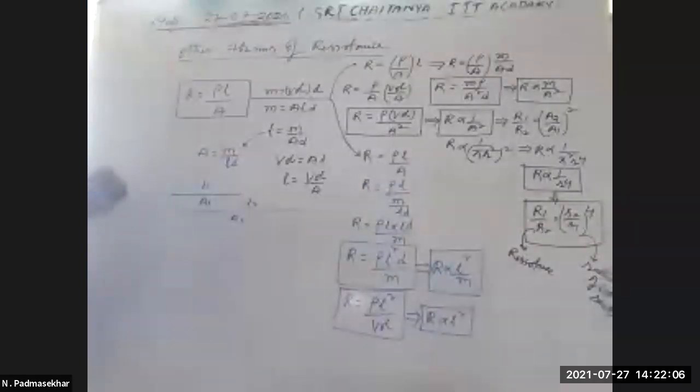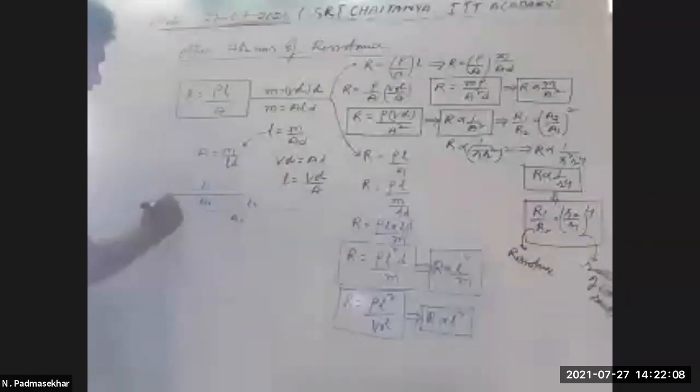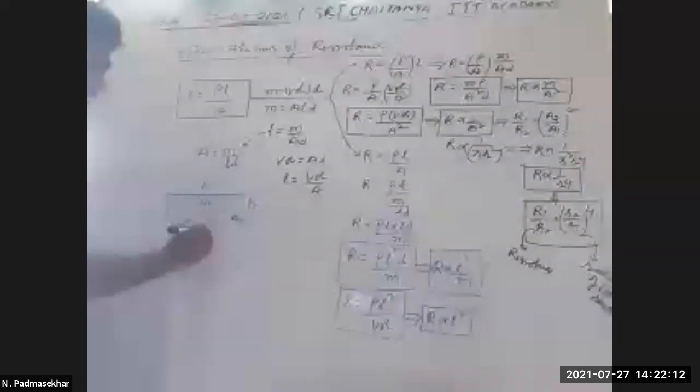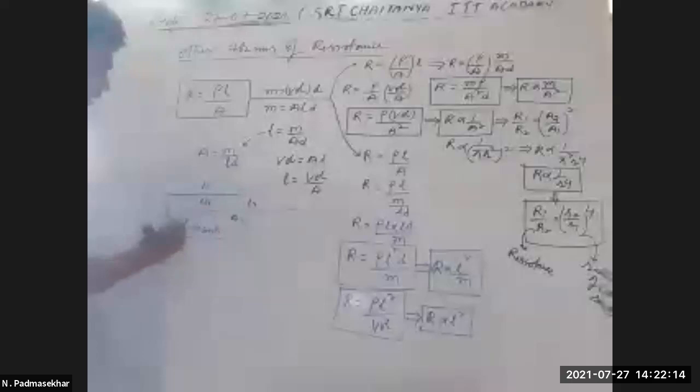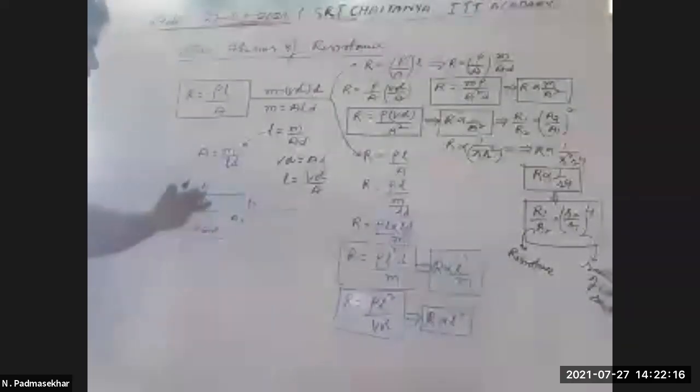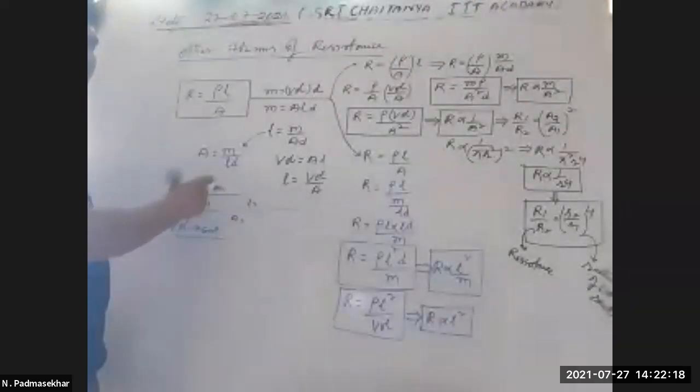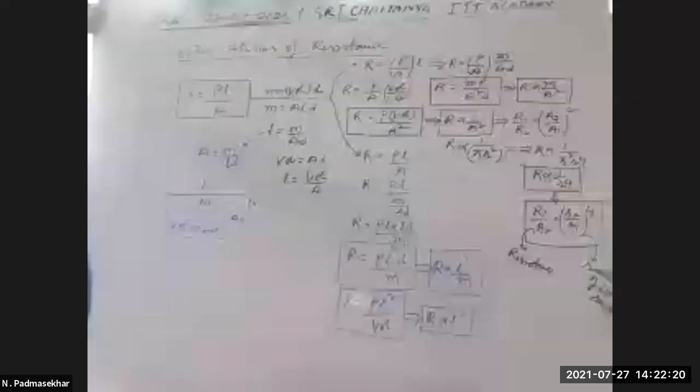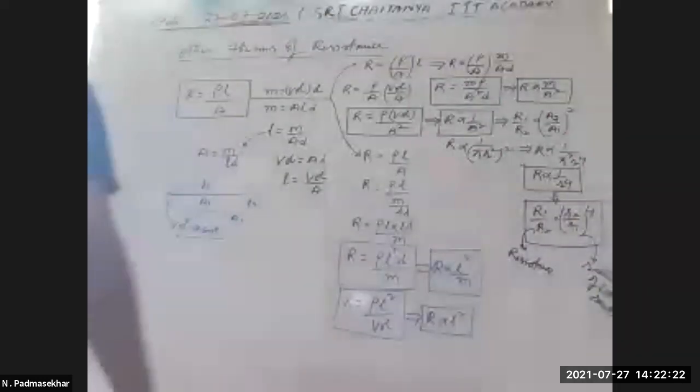So this length is L2, area of the cross section A2. But what is constant here, volume is constant. Suppose if the wire is stretched, ఎలా అడుగుతారో చూడండి.